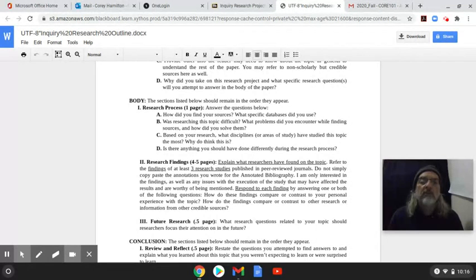And this is where you want to think about finding at least 3 research studies. That's why you've got 3 or 4 peer-reviewed sources, and they did a study. It could have been that they interviewed people, tested people, or surveyed people, and they got results. So they have these individual studies.